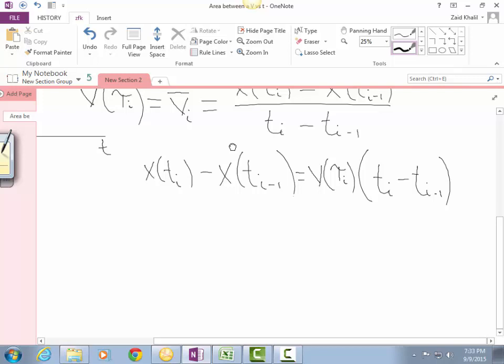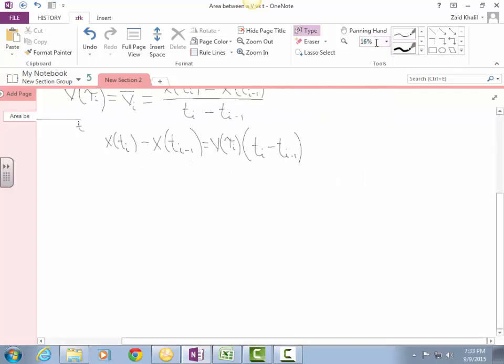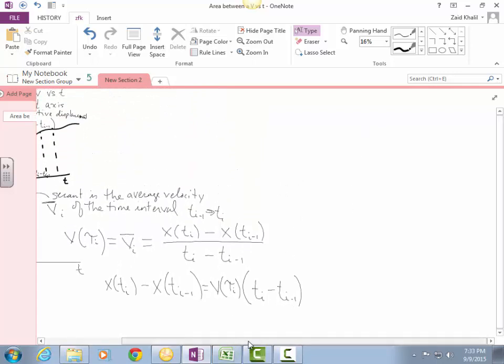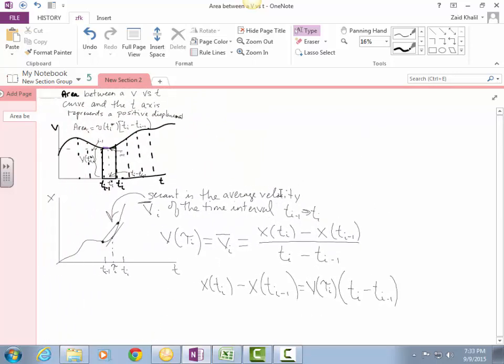So, we're going to step back for a second. This should look familiar because in the previous case, what did we do? We found that the area of this rectangle is equal to v of t_i star.